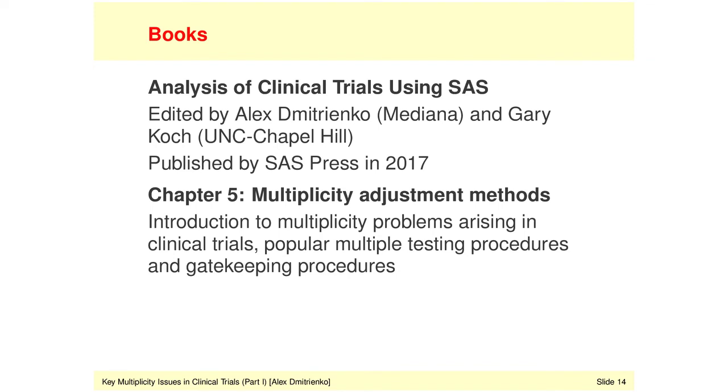And specifically, Chapter 5 gives a very nice introduction to multiplicity issues in clinical drug development with a large number of case studies based on phase 3 clinical trials. This chapter begins with traditional approaches to addressing multiplicity, which is the main topic of this online training course. And then in the last section, this chapter focuses on advanced multiplicity problems that will be discussed, as I said, in the follow-up course in Part 2.